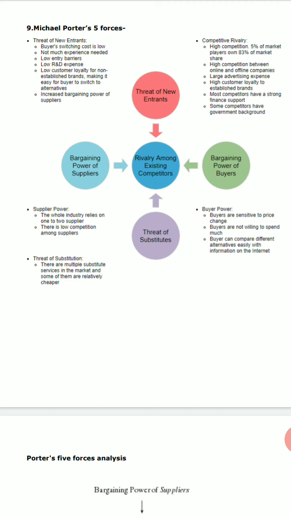So Michael Porter has explained 5 important forces which are affecting the functioning of the business organization in the due course. Now, these 5 forces are the tools which help to analyze the competition of the business. It draws the industrial organization economics towards the 5 driving forces that determine the competitive intensity.